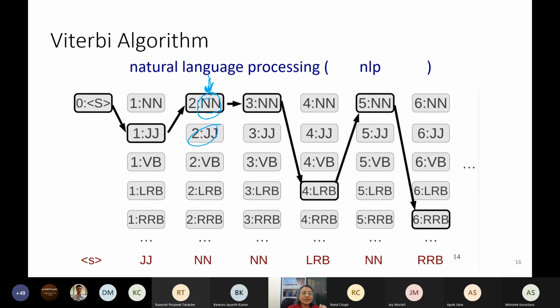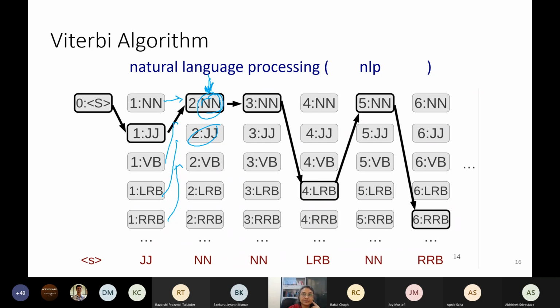Now, if noun is the tag of the second word, the first tag could have been noun, could have been adjective, could have been verb, could have been LRB, could have been RRB, etc. Okay. So when we want to find the best probability, what can we do?